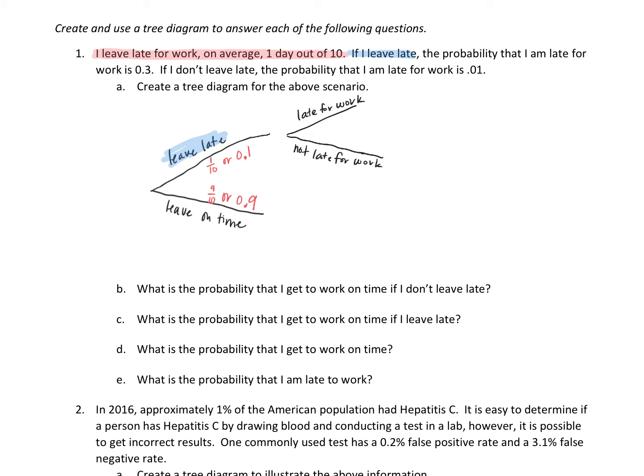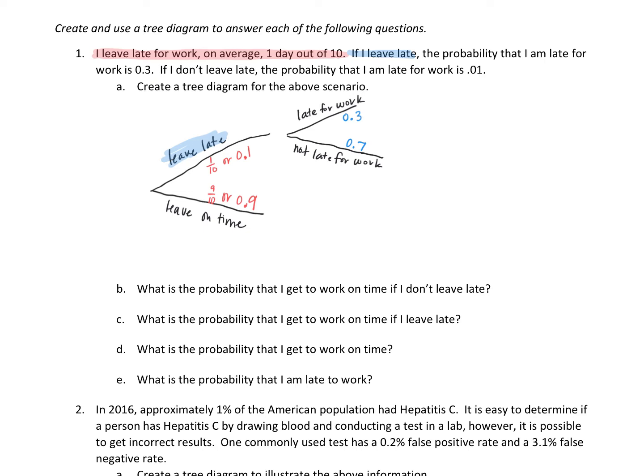Okay, so late for work is 0.3. Again, these two branches have to add up to 1 because it either happens or it doesn't. I'm either late or I'm not. So if I'm late for work 0.3, 1 minus 0.3 is 0.7. So I'm not late for work 7/10 of the time.